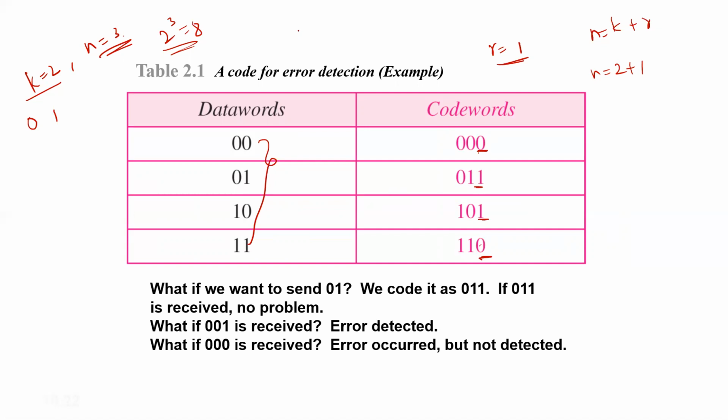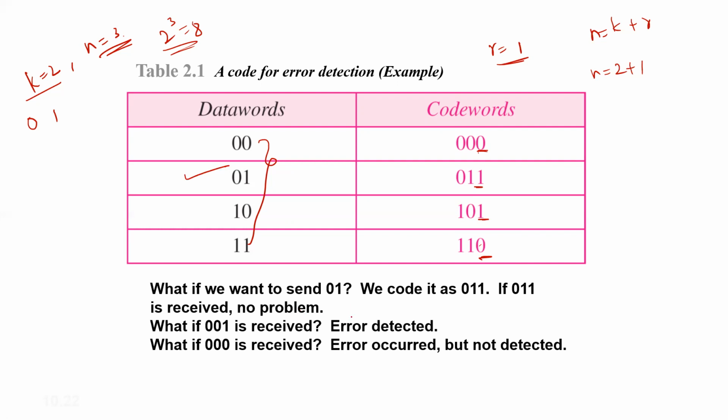Now, assume that the sender encodes the data word 01 as 011 and sends it to the receiver. We are sending 01, we code it as 011. I'm talking about this case. If 011 is received, no problem, right? The data is correct, it is extracted and received by the receiver.